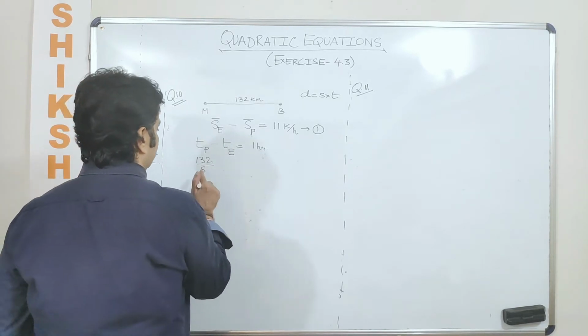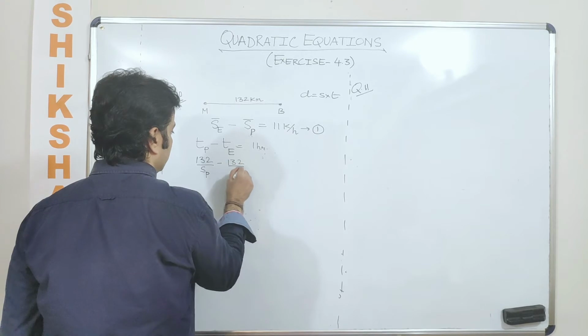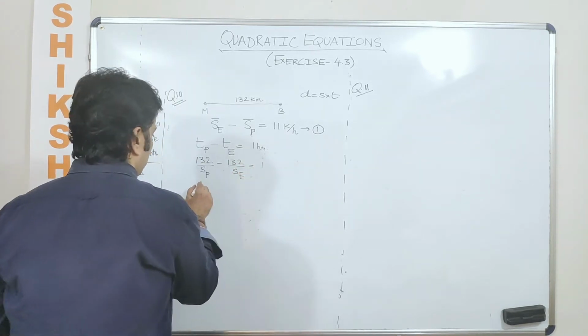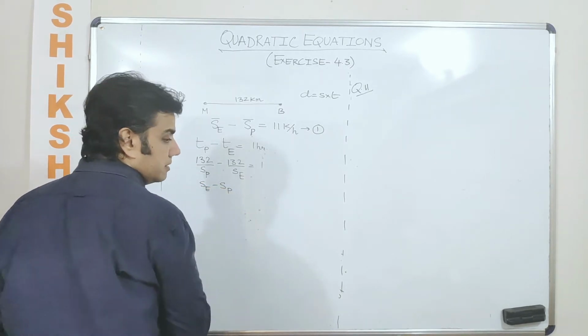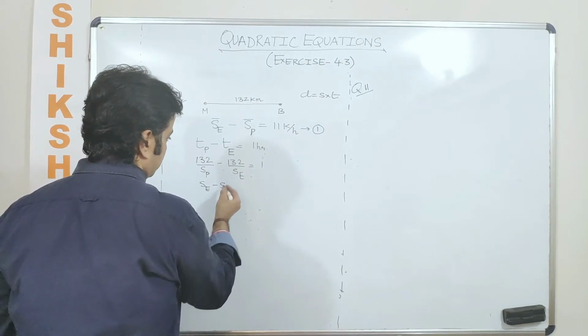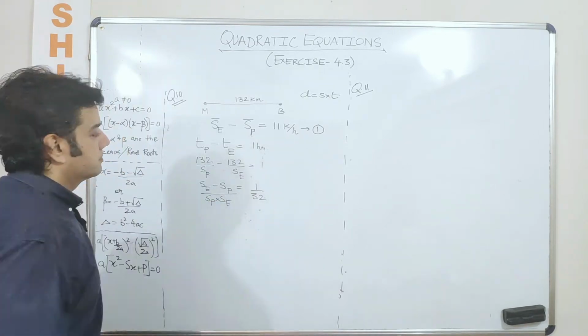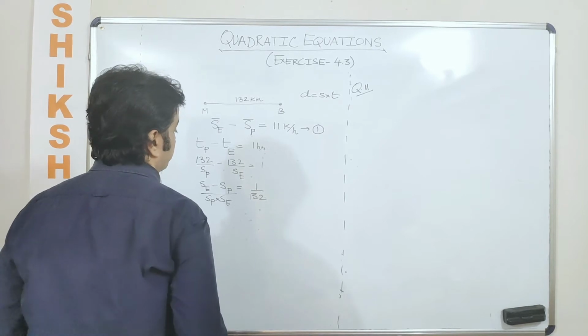Now in this case, this will be 132 upon SP minus 132 upon SE, which is already given to you as 1 hour. So from here, can I say SE minus SP comes out to be how much? This is what you get from here.